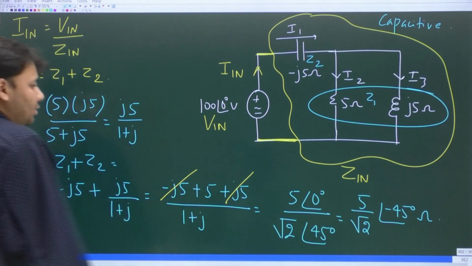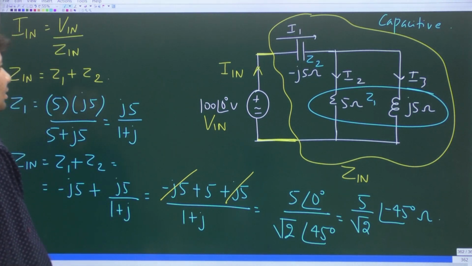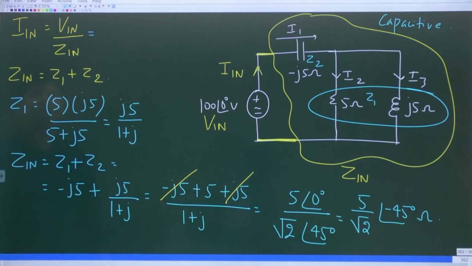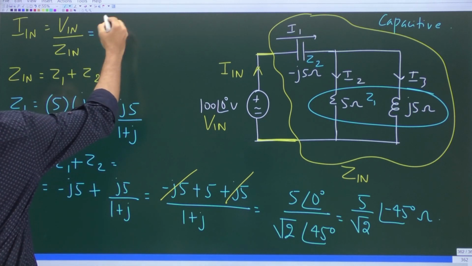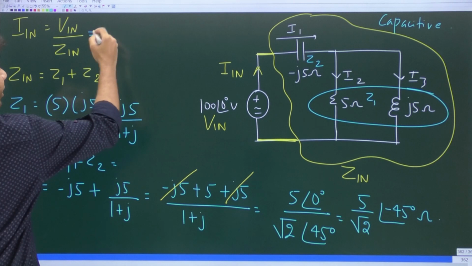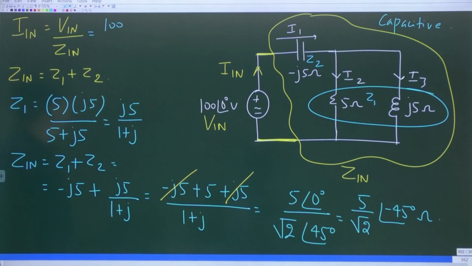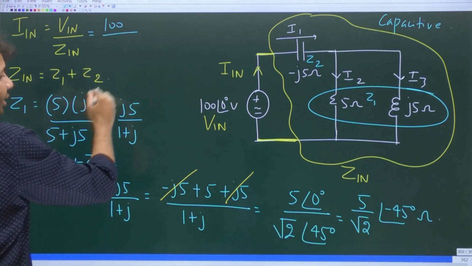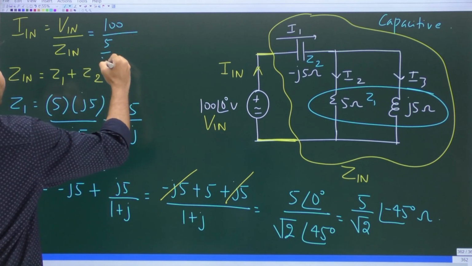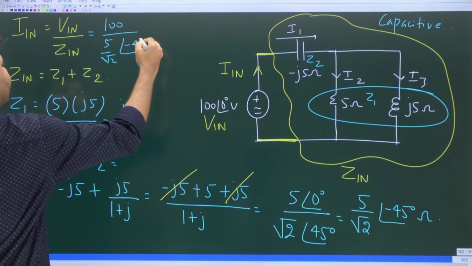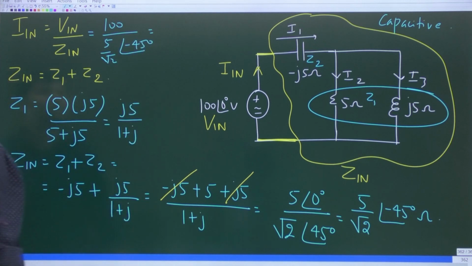That's all. Once you get the value of the input impedance, can't you find the input current? Because you know, input current will be equal to input phasor voltage. Again, 100 angle 0 degrees is same as just 100 divided by 5 by root 2 at an angle minus 45 degrees.